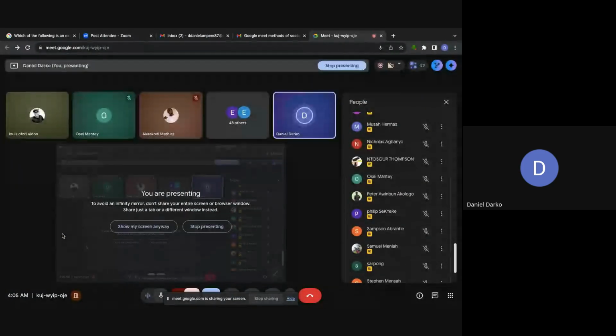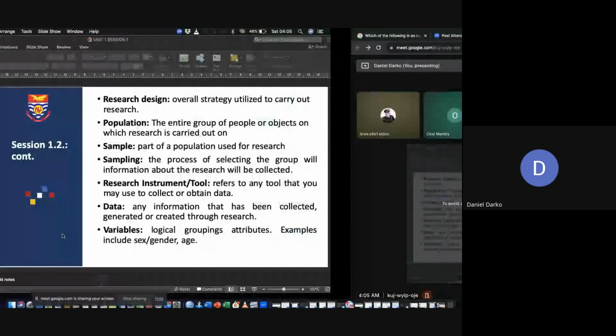By sample, we are saying that we select part of the population, and we speak to that part of the population. We cannot talk to everybody in the population, so we select some aspect of the population, then we talk to them.